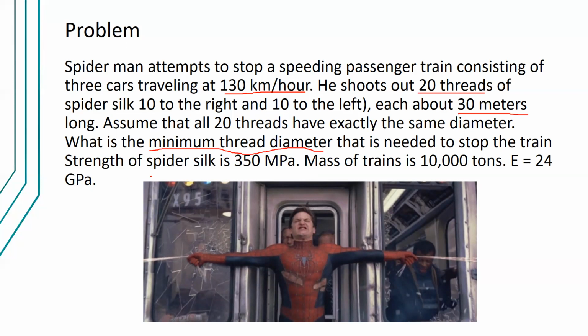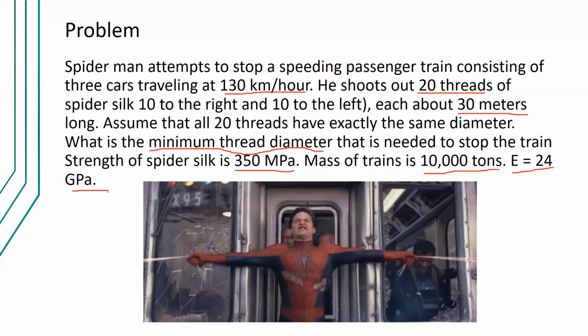We know that the strength of spider silk is 350 megapascal, which means that's its ultimate tensile strength. The mass of the train is 10,000 tons. Also, you're given the Young's modulus, which is 24 gigapascal.